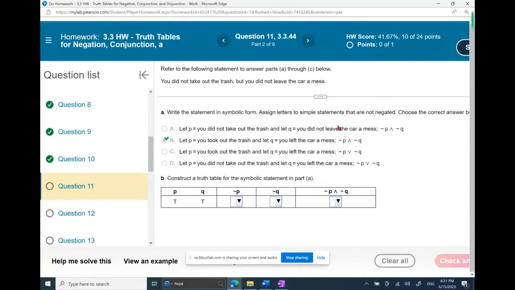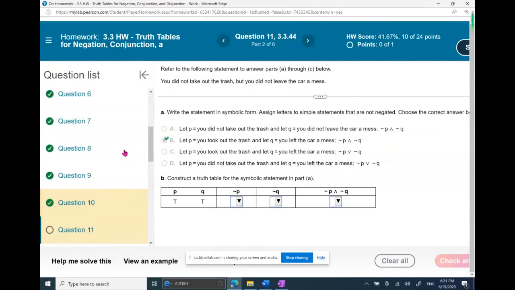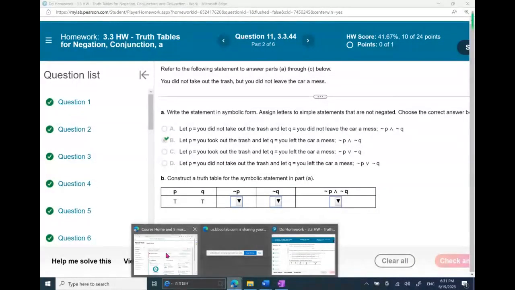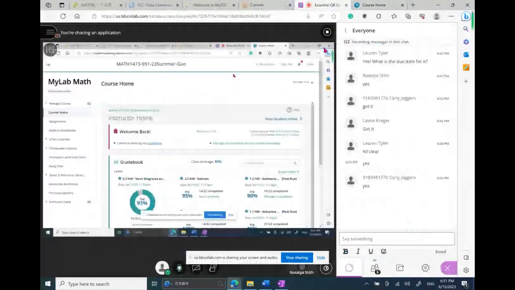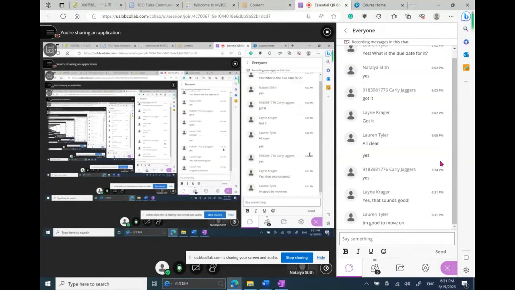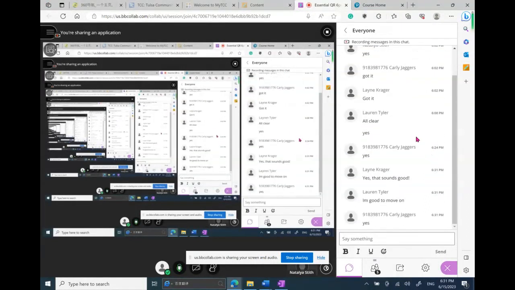Is that right, guys? We went over the basics about conjunction and disjunction. Response? Can we go to section 3.4? Okay, awesome.